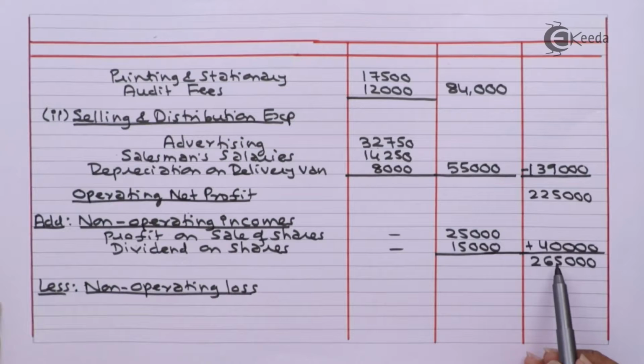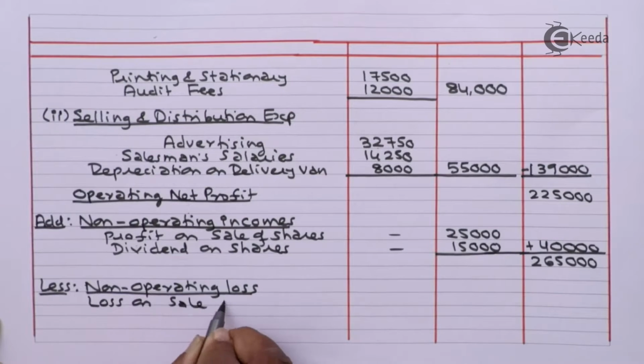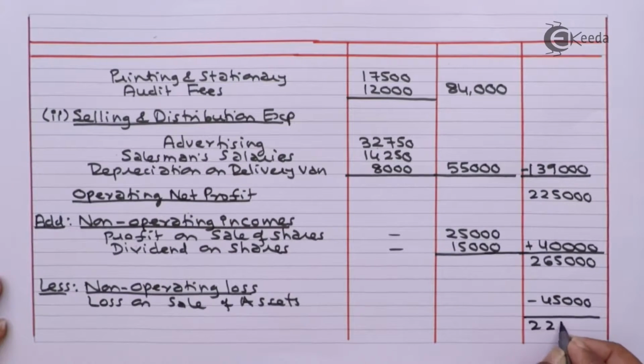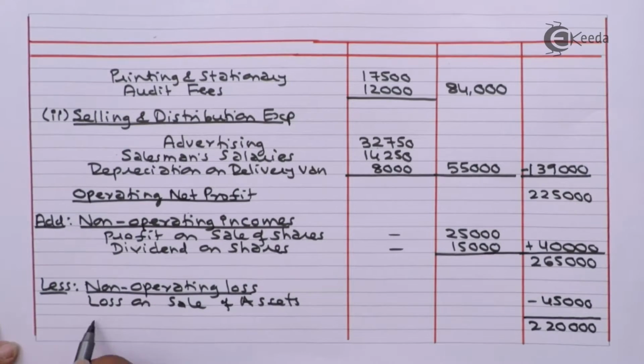Non-operating income we have added, we got 2,65,000. This non-operating loss will be deducted. 2,65,000 minus non-operating loss 45,000, we got 2,20,000. This is net profit before tax.